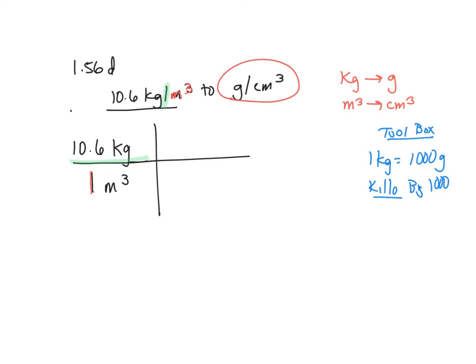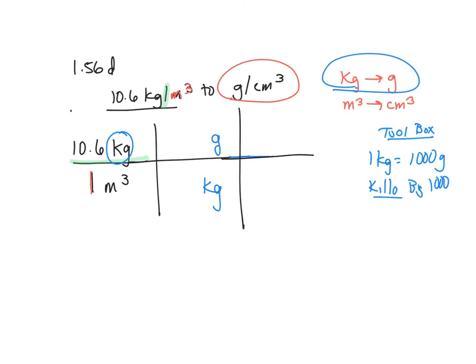So 1 goes with kilogram, and 1,000 is the smaller, and it goes with gram. If we have kilogram on top, we need kilogram on bottom because we want it to go away. We'll put our numbers in a little bit later, but we will hold on to this conversion factor.